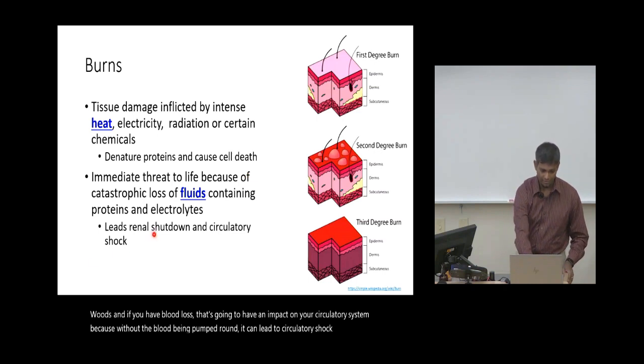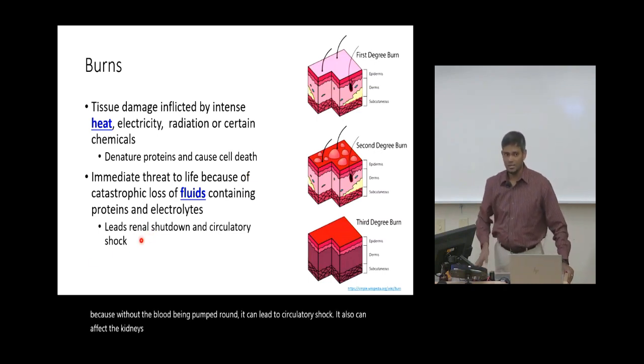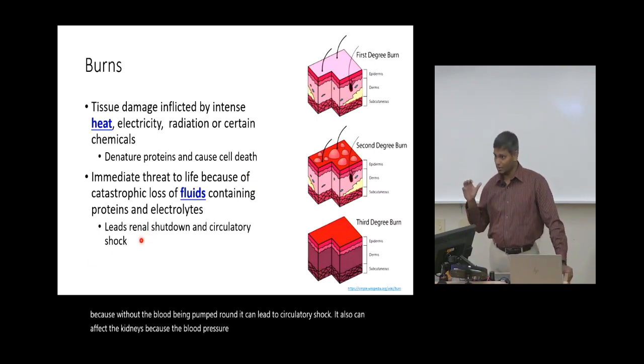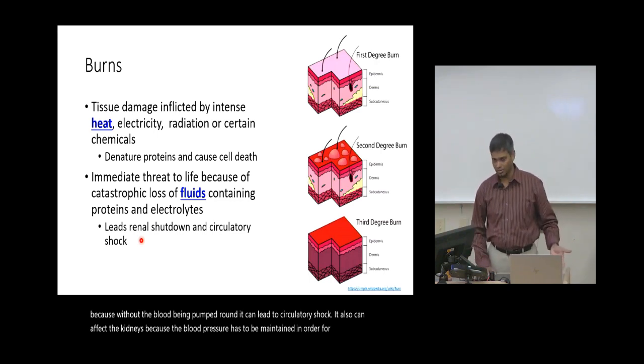It also can affect the kidneys, because the blood pressure has to be maintained in order for filtration to continue. If you have a loss in blood volume, that drops blood pressure and the kidneys will start failing. This is something we will discuss in greater detail when we talk about the renal system and the cardiovascular system.